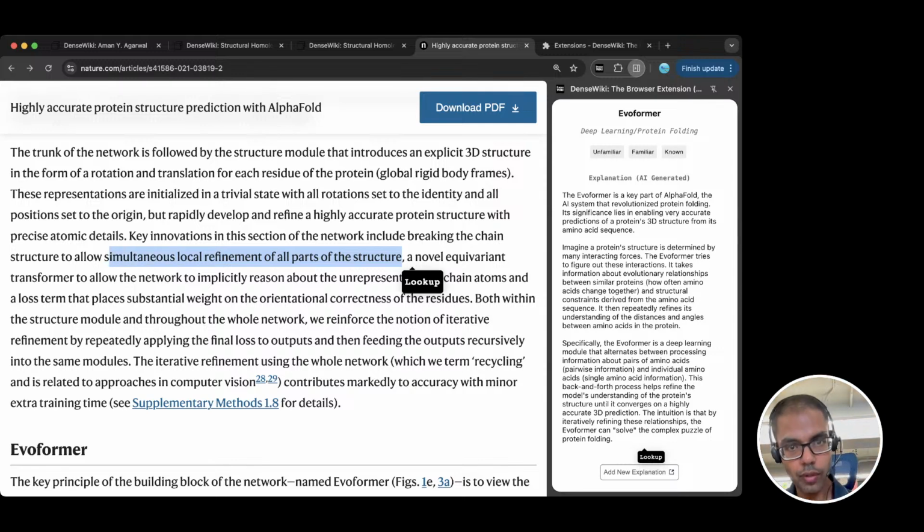A novel equivariant transformer to allow the network to implicitly reason about the unrepresented side chain atoms, and a loss term that places substantial weight on the orientation correctness. Okay, these are like hidden tricks in the network. Unrepresented side chain atoms.